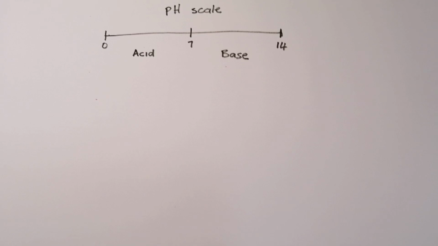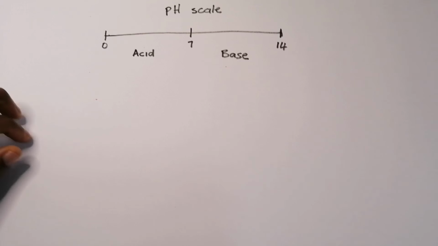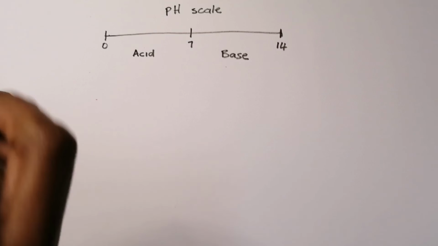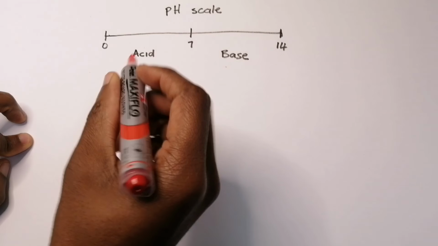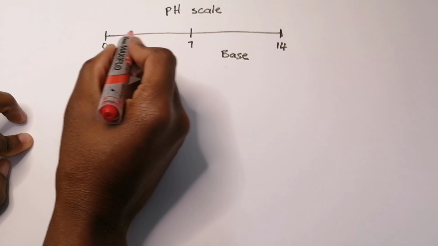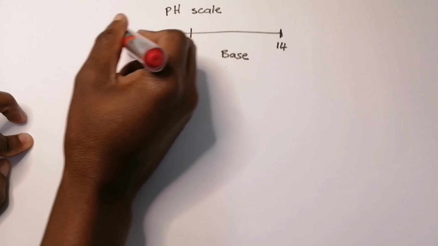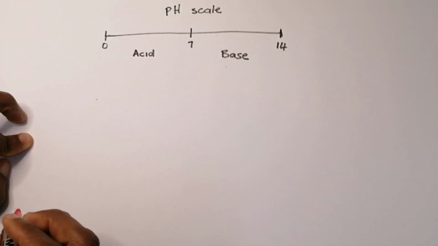Please note this. Even though you may have an acid with a pH lesser than 7, there are 2 types of acid really. There are strong acids, and by the way, the stronger an acid becomes, the lesser the pH becomes.